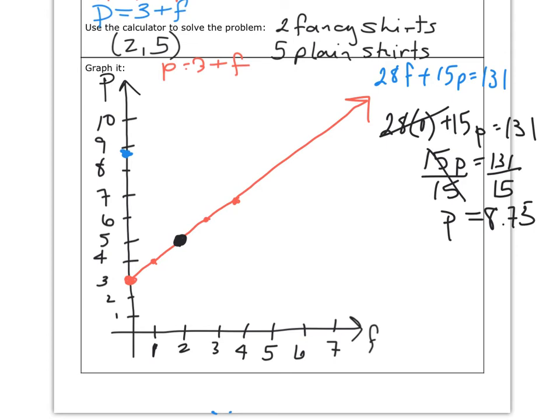All right, now let's do the same thing, but find where it crosses on the fancy axis. If I buy no plain shirts, how many fancy shirts can I buy?